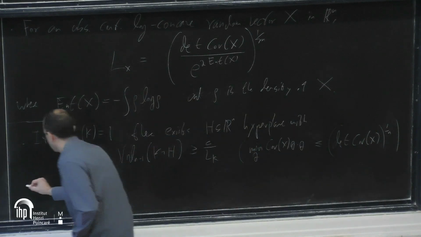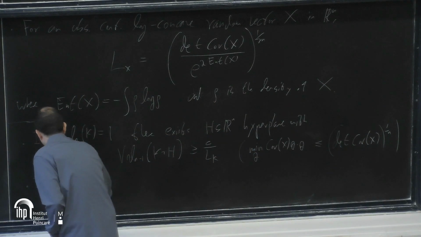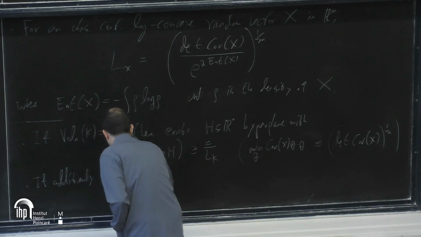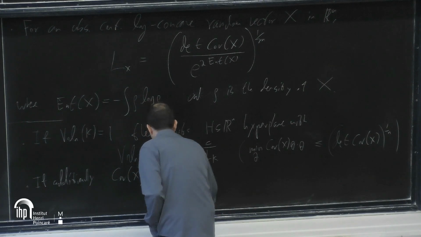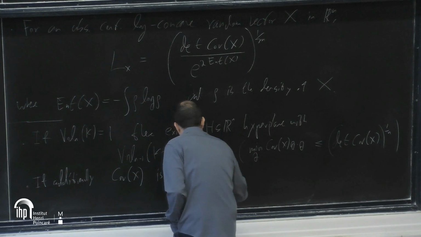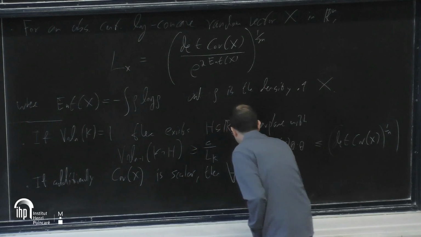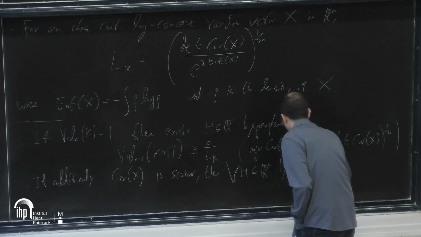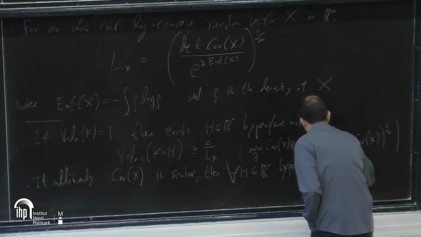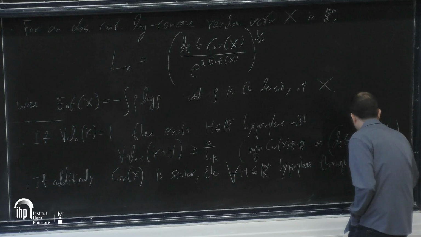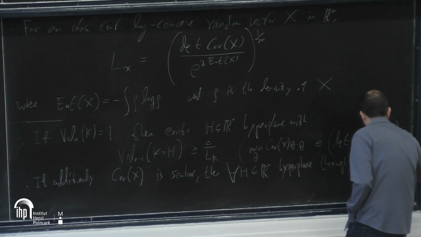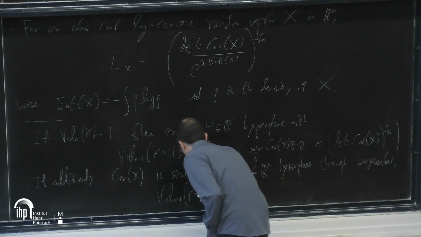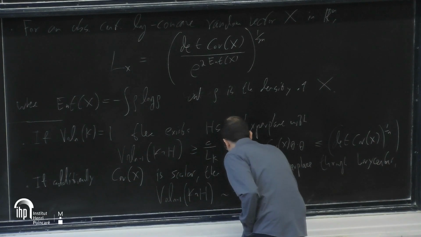And furthermore, if you know that the covariance matrix is scalar, then for any hyperplane H through the barycenter, the volume of the section is 1 over L_K.